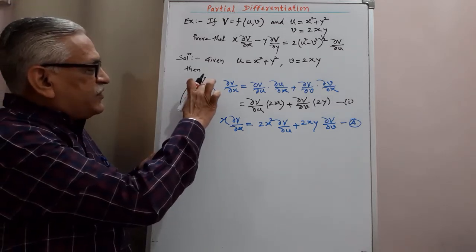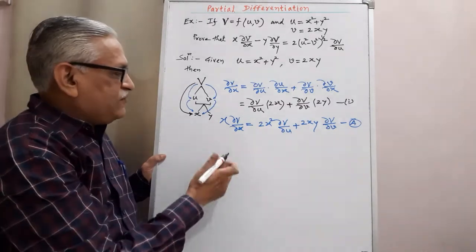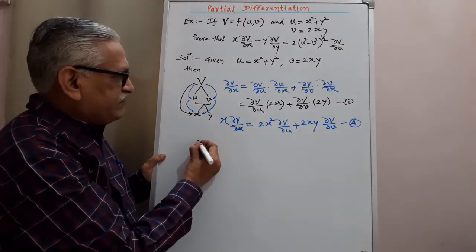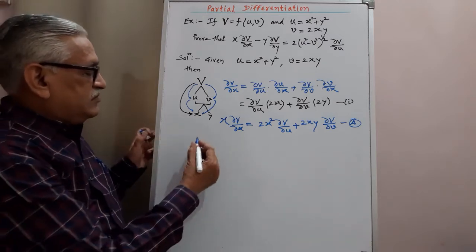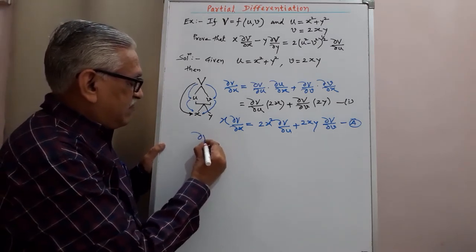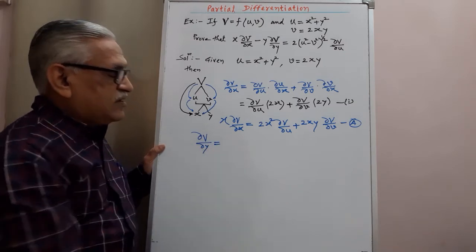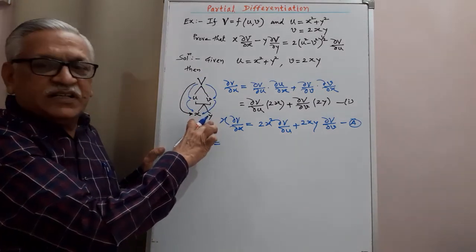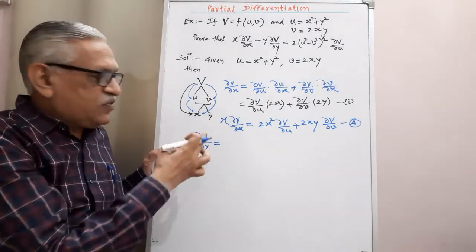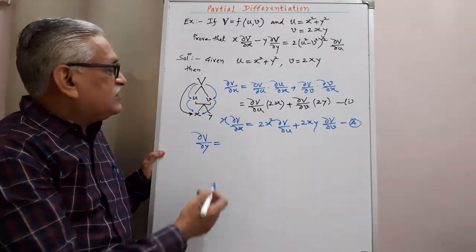we can differentiate V with respect to y also, as it is a function of y, and therefore from the tree diagram, dou V by dou y is equal to, again direct differentiation is not possible because it is not directly a function of y, it is a function of function, therefore applying chain rule.